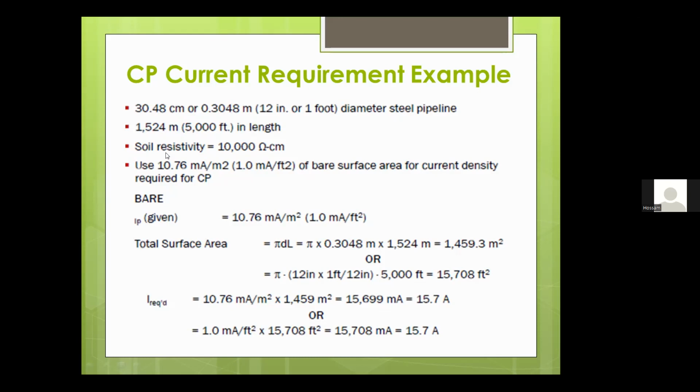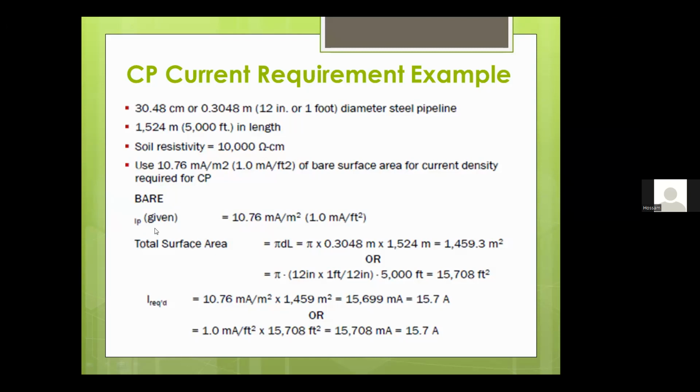And the designer assumes that 10.76 milliampere per square meter will be sufficient for this bare surface area to achieve cathodic protection and satisfy the criteria.